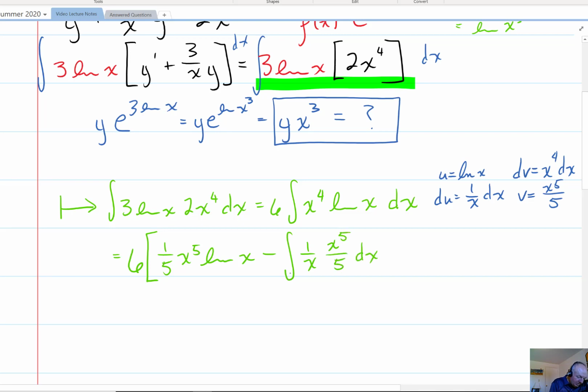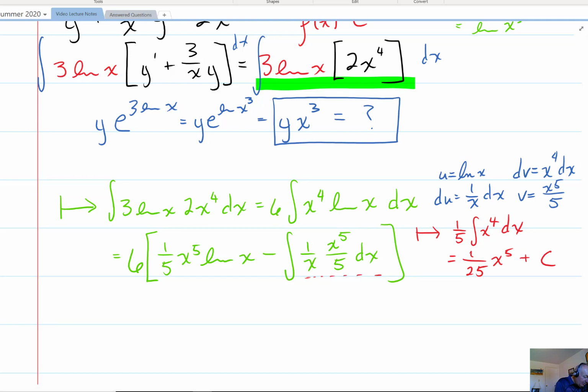And I'm liking what I'm seeing there, because let me just do a little aside here, that's just going to be 1/5 integral of x to the 4th dx, which is just going to equal, what, 1 over 25 x to the 5th plus c, right? And we do need a plus c at this point. So that's this piece right here.